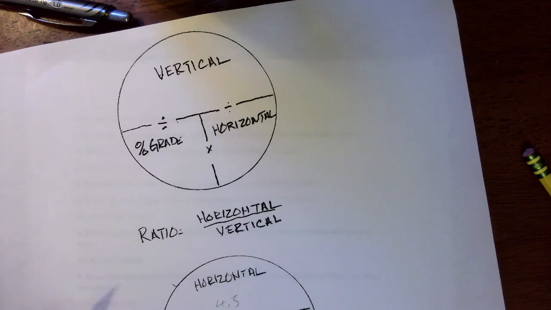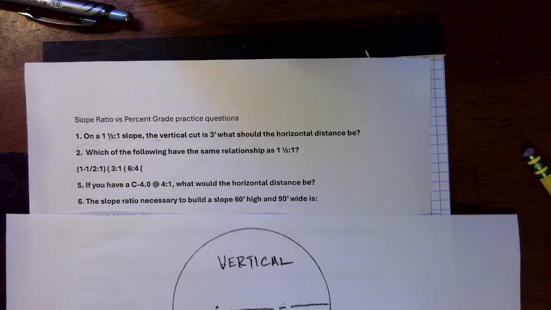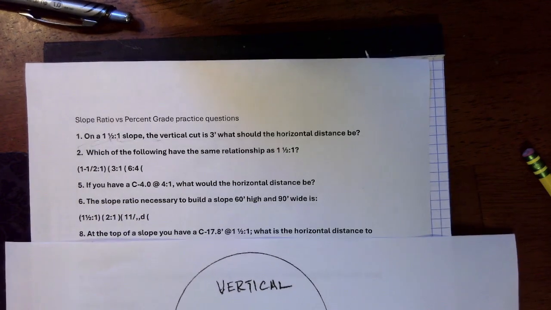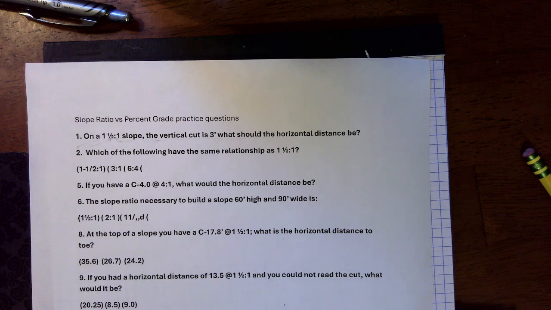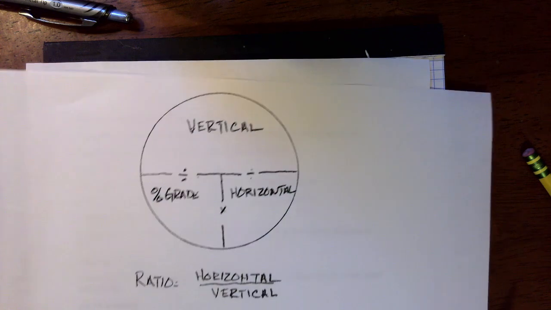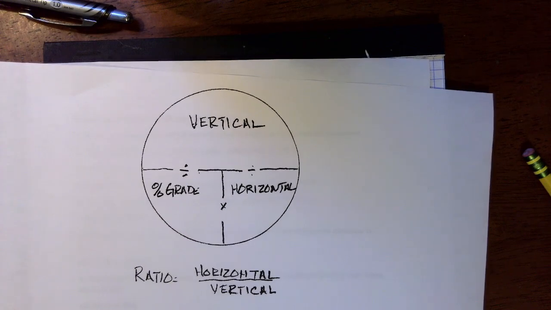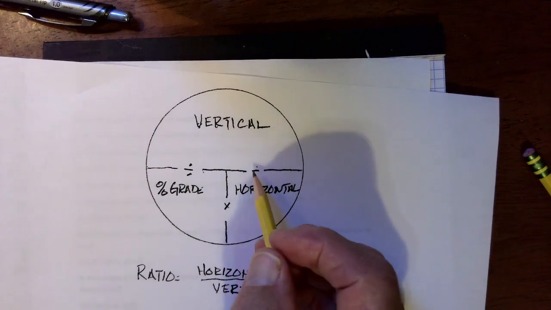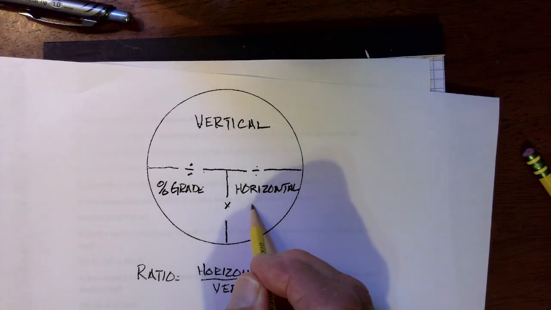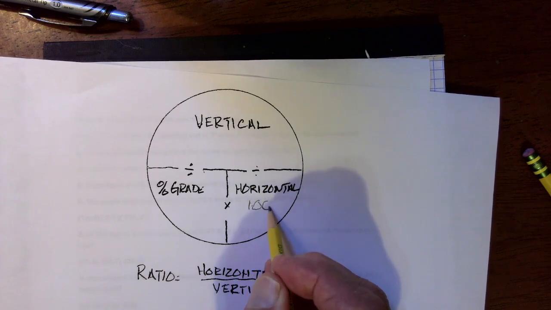So percent grade wise, do we have one of those? Most of these are slopes. But let's say if we had a horizontal of 100 feet, we would put it right here, right?